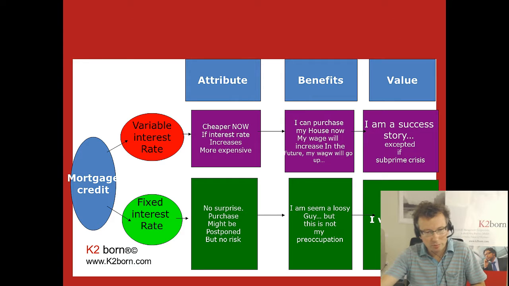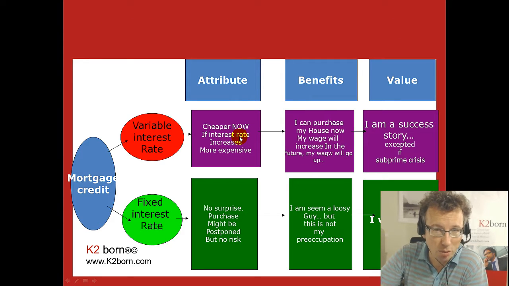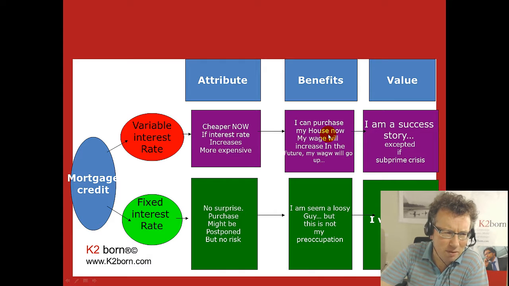Okay, so when you've got a variable interest rate, it's cheaper now most of the time. But if interest rate increases, well, it will be more expensive. Nevertheless, because it's cheaper now, I can purchase my house now. My wage will increase definitely. It has always happened. Well, with inflation at least, it will increase at least at the nominal level.